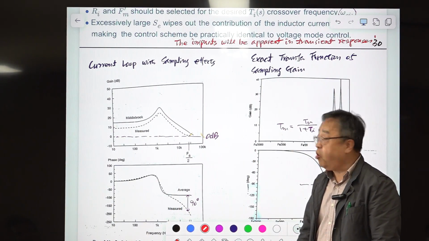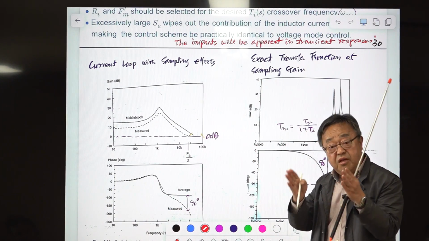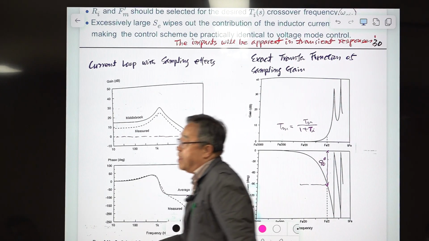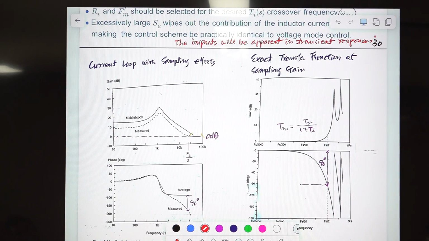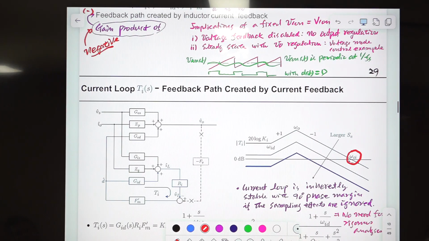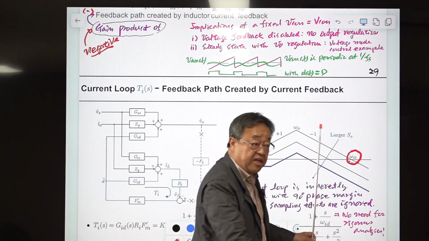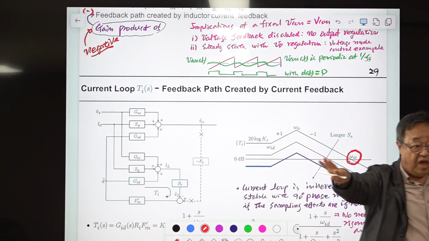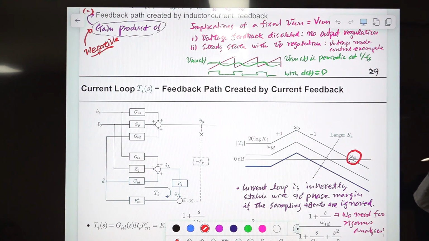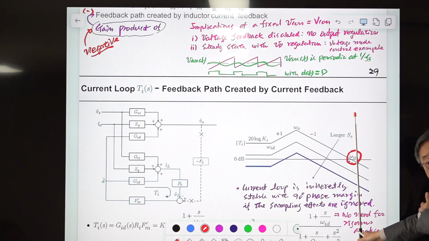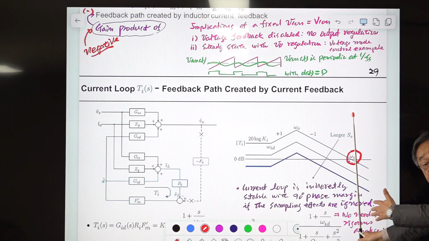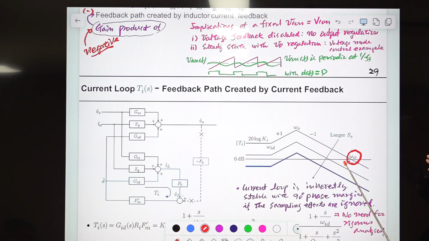Okay? So by limiting the omega Ci, which is the current loop crossover frequency, that is the largest crossover frequency in current mode control, and this frequency falls well below the Nyquist frequency. With that constraint, you don't have to worry about the sampling effect at all.